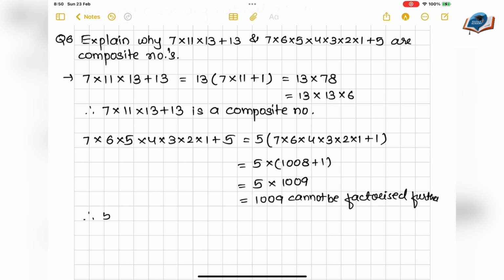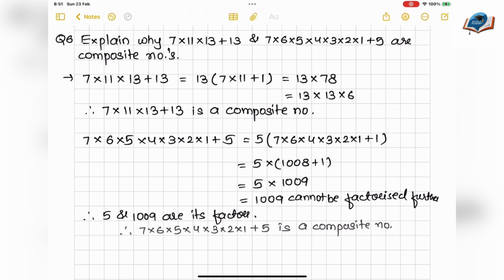Therefore, 5 and 1009 are its factors. Therefore, I can say 7 into 6 into 5 into 4 into 3 into 2 into 1 plus 5 is a composite number.